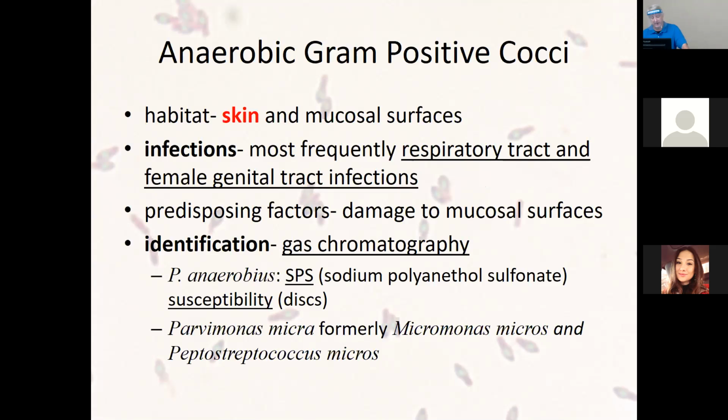Does anybody know about gas chromatography? Have you ever heard of that? Some other class? Yeah, you were shaking. Gas chromatography, what is that? In simple terms, you don't have to go into a whole lot. Use a gas to do what? Somebody, come on. I got some students in the back that haven't contributed any information in weeks.